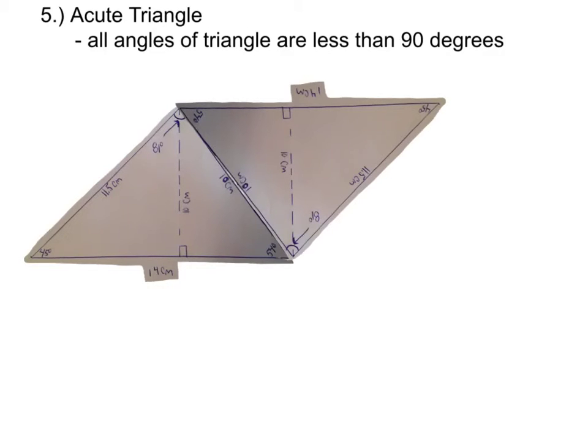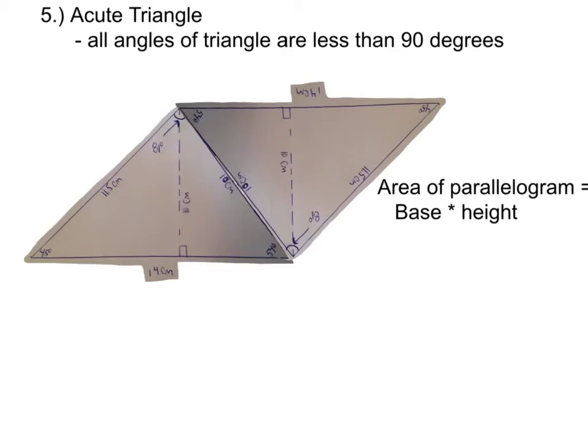We'll calculate the area of this parallelogram, and again, area of a parallelogram is just base times height. Our base is 14 centimeters, and our height is just 10 centimeters. 14 centimeters times 10 centimeters is just 140 centimeters squared, and that's the area of that parallelogram. However, again, we need the area of just the triangle.